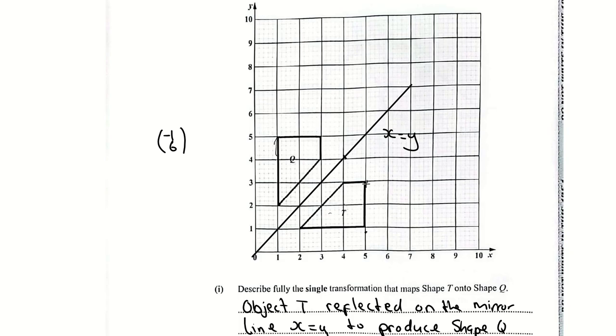-1, 6. So -1 means it is going backwards. I'm going to use my red. So this one here is going 1 place back, and this is going 1 place back. This here is going 1 place back, and this is going 1 place back. Actually no, sorry, let's not do all the x's first.